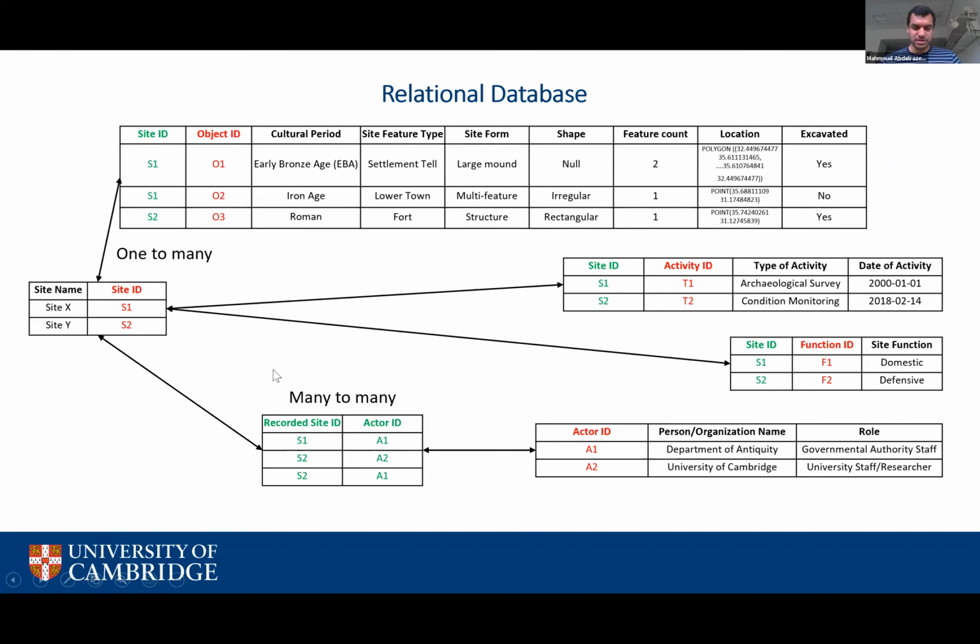Now, one question that this database is not going to be able to answer is what's the difference between the relationship, say here, between the site and the functions, this relationship, and the site and the types of activities that happen on it, this relationship.